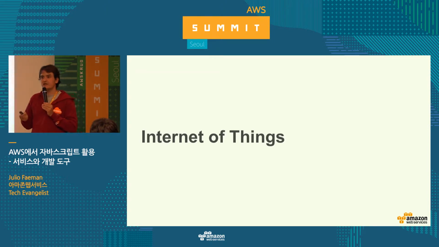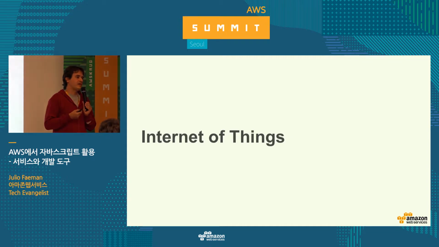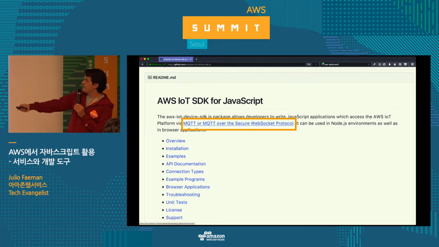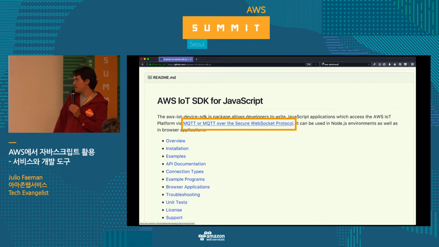And there is even an SDK for Arduinos and even less capable devices, but for JavaScript we need the OS, but that's pretty much standard these days. And for that there is a separate SDK, the AWS IoT SDK for JavaScript, supporting the publish and subscribe protocol MQTT.